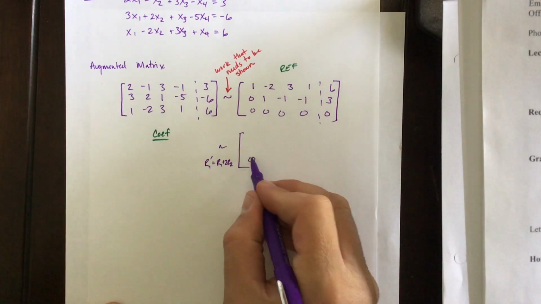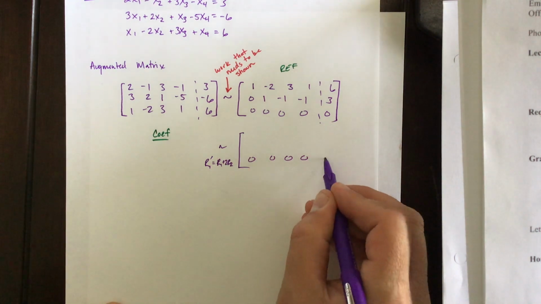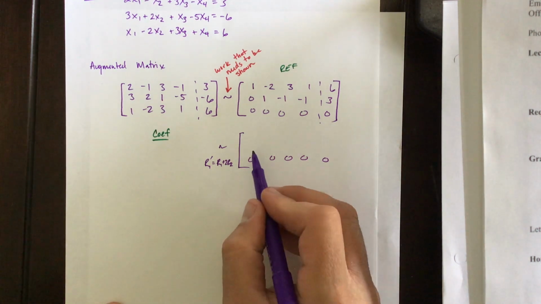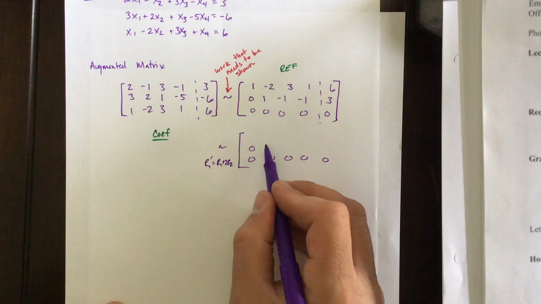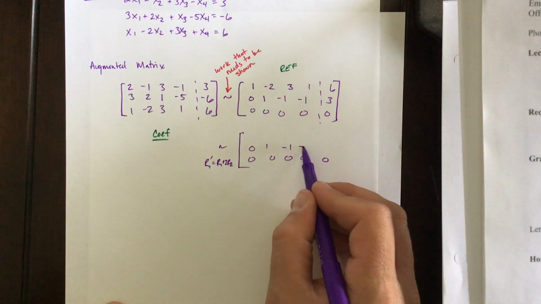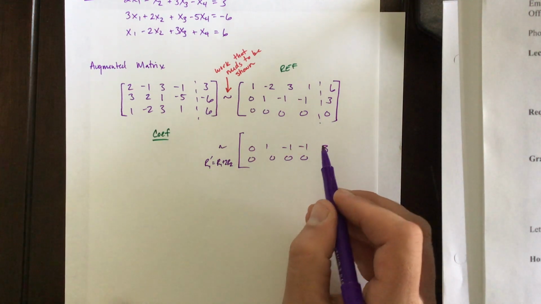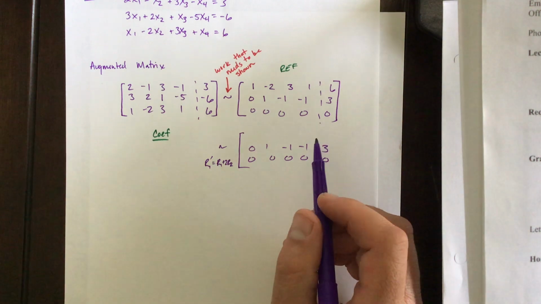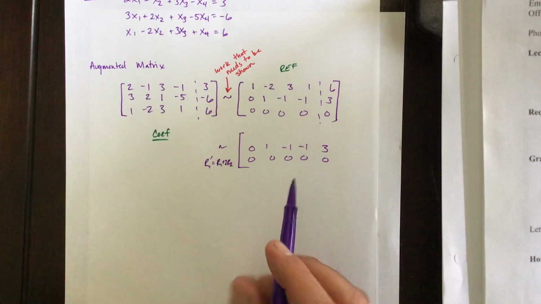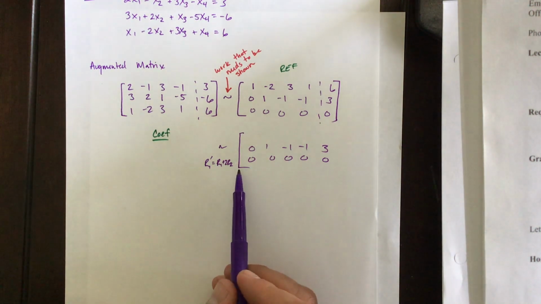So row 3 remains 1, 2, 3, 4, 5 zeros. Row 2 remains 0, 1, -1, -1, and 3. Row 1 is row 1 plus twice row 2.